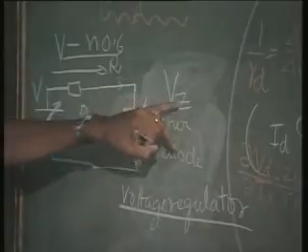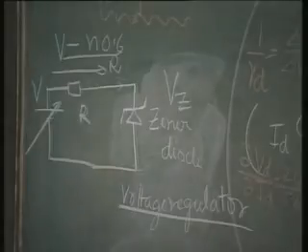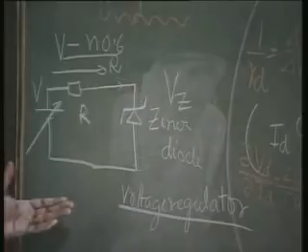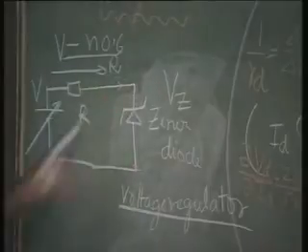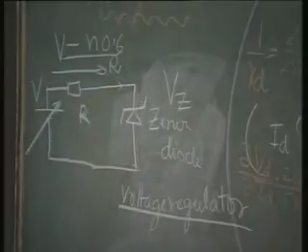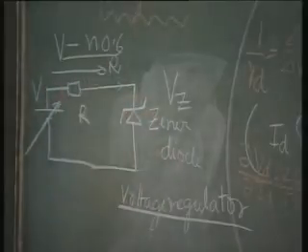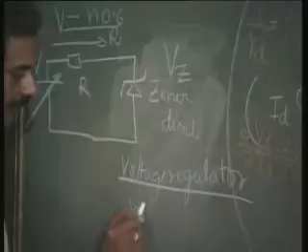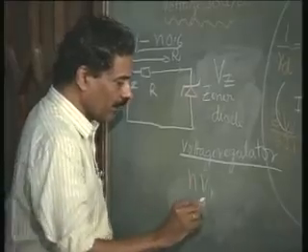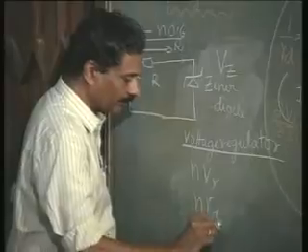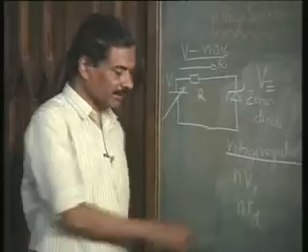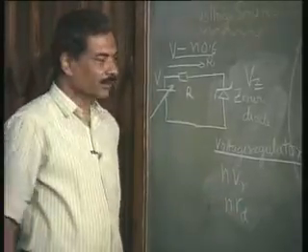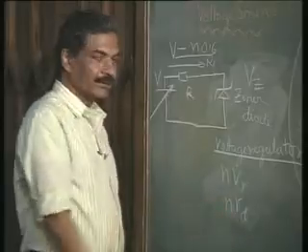It is this Vz that is used for voltage regulator applications when the Zener voltage has to be very high. Instead of putting a large number of diodes in series, you can just use a single Zener diode. The advantage is that when you put diodes in series, the voltage is N times V gamma, but the resistance is N times R diode, that increases. So, it is not equivalent to a good battery because the resistance in series increases. So, the terminal voltage keeps changing as current changes.